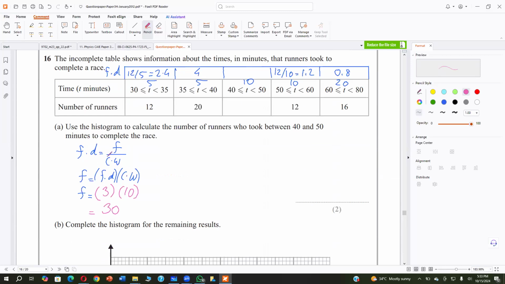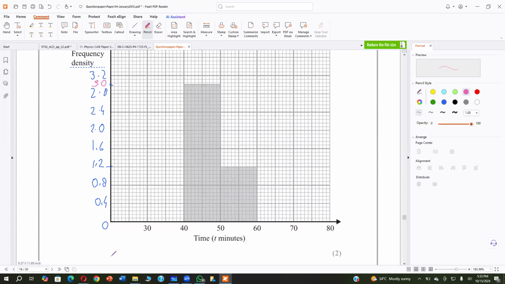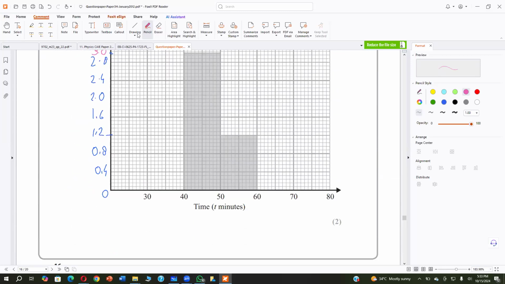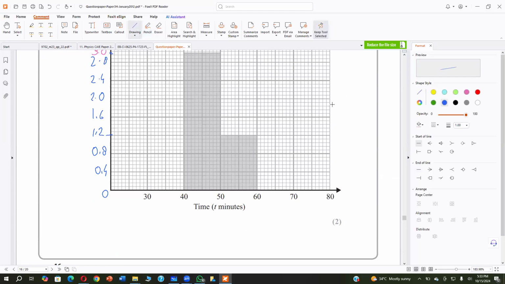30 to 35 is 2.4. Let's complete this histogram. 30 to 35, 2.4.